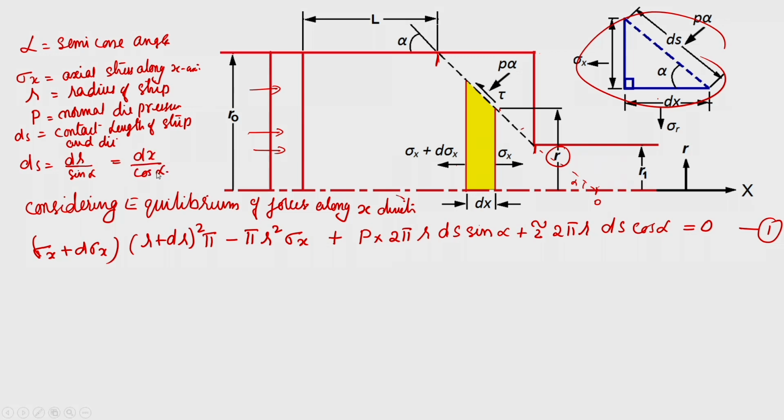Also, tan alpha is equal to dr by dx. That way we can also find it out.